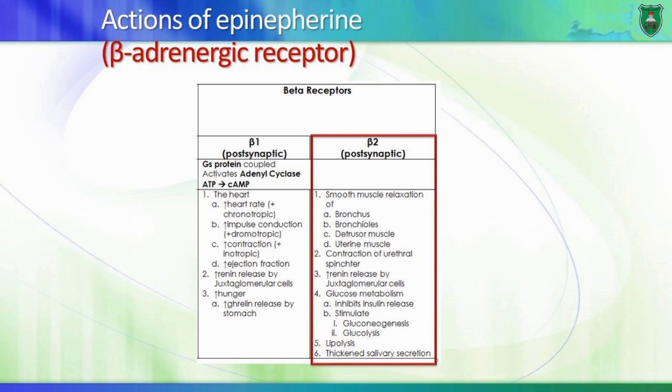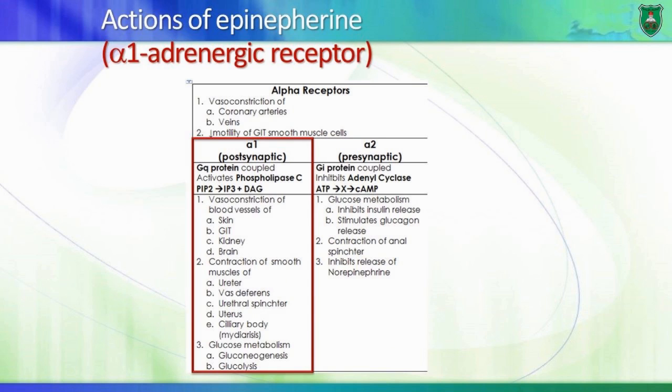Okay, so what happens is that this epinephrine binds to the beta-adrenergic receptor, and notice that when it binds to the beta-2 adrenergic receptor, you have relaxation of smooth muscles, inhibition of insulin release, stimulation of gluconeogenesis, glycolysis, and activation of lipolysis. The purpose is to produce a lot of energy.